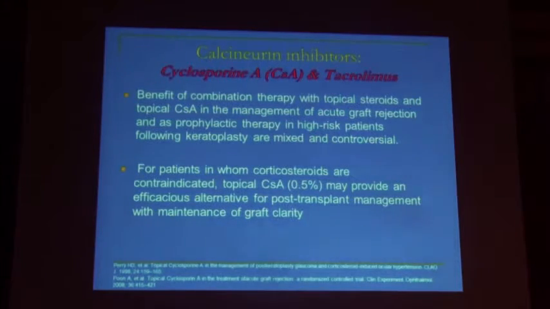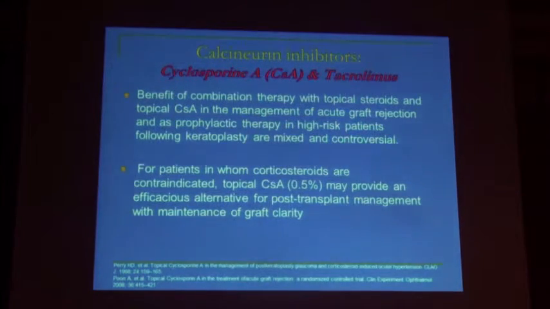What is the other medication after that? Cyclosporin A and tacrolimus are calcineurin inhibitors, and it's very important to know some notes about these medications. Regarding the benefit of combination therapy with topical steroid and topical cyclosporin, we are using it in some cases, but the evidence on the benefit of topical use is mixed and controversial.